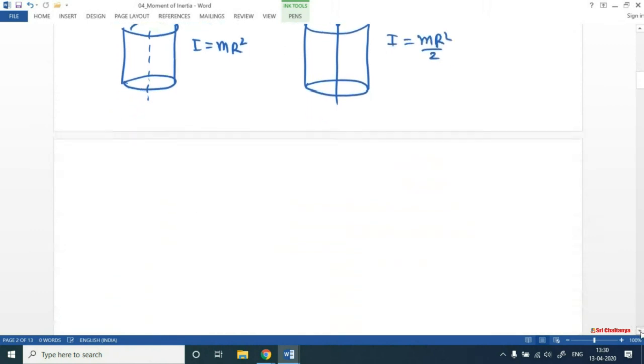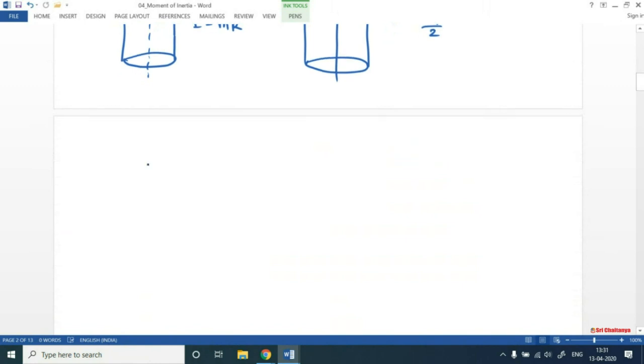We can have the formulas for a rod. Let's say this is a rod of mass m and length l. This is one of its principal axes. So the moment of inertia about this would be nothing but ml square by 12.